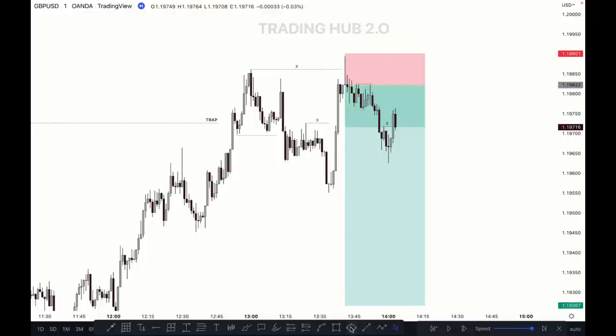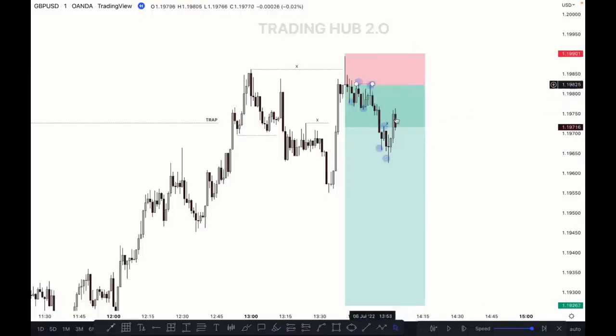We can't sell here directly. Okay, but in this case market actually worked, but this is a little bit risky. Maybe market push more upside because major high is here. Okay, I hope you understand what I'm trying to say here.